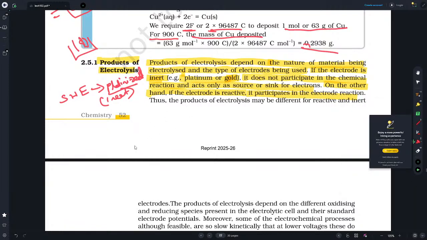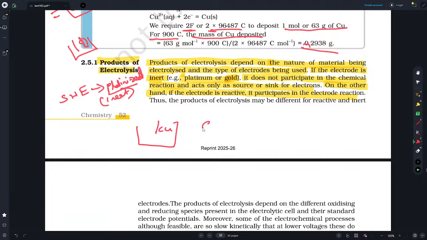But for a reactive electrode, we can take a copper electrode. In terms of the Daniell cell, the copper electrode is getting deposited on, whereas the zinc electrode is participating in the reaction by dissolving in the solution.